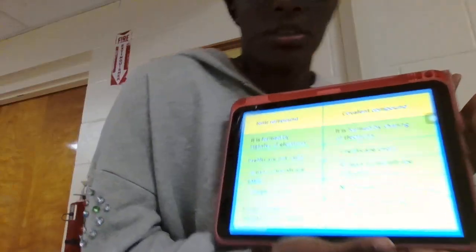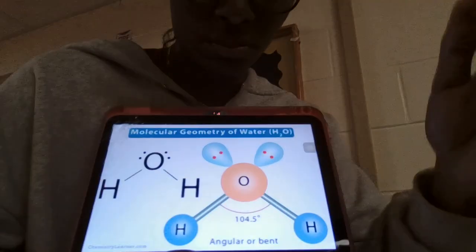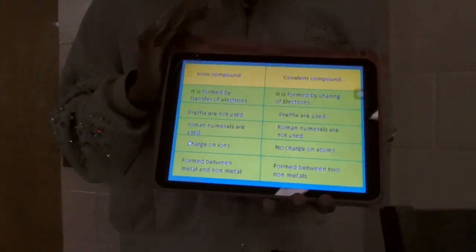I found examples of ionic compounds and covalent compounds. These are some of the examples.